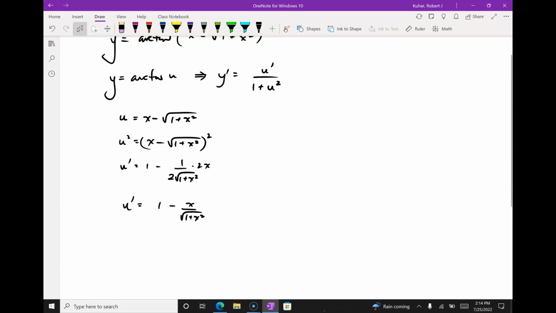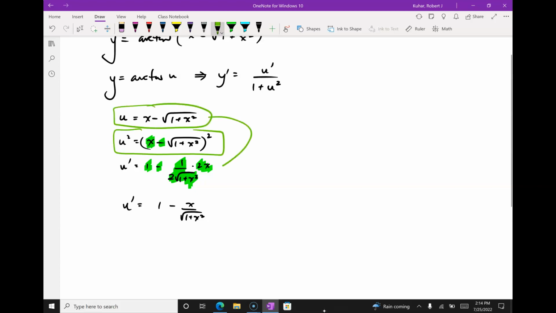The derivative of x is 1, minus the derivative of the square root. There's 1 over 2 square roots times the derivative of the inside. No, u squared I left alone. U squared is, sorry. This is u, and u prime is here, right?